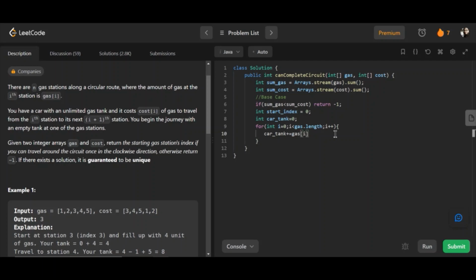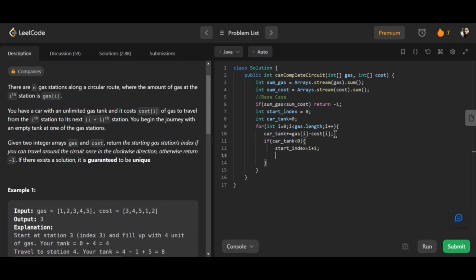We collect gas[i] amount into our tank, but we have to subtract cost[i], because we have to invest this cost to travel to the next station, and then I will check if the amount left in our car, that is car tank, is less than 0 or not. If it is less than 0, then this cannot be our starting index. I have to update the start index to i plus 1.